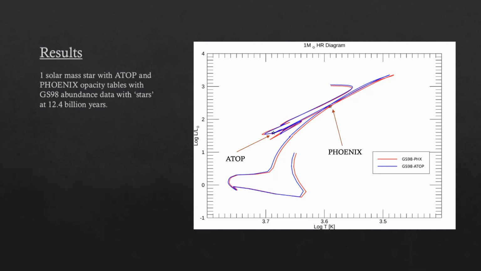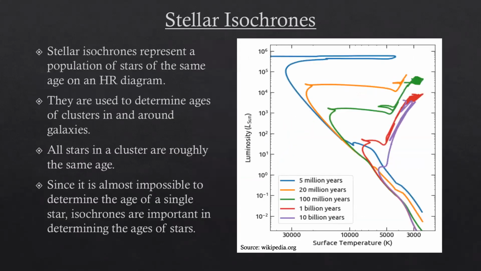So the way that astronomers do this is they do population studies. They look at hundreds and thousands of stars in a cluster, and they apply an isochrone diagram, and hopefully one of those will line up with the population of stars. And you do statistics on the population.